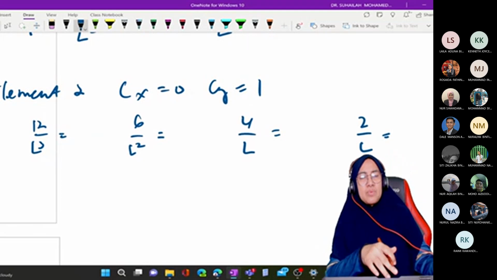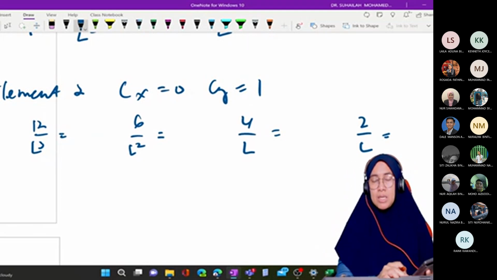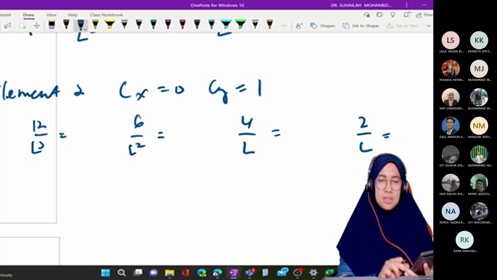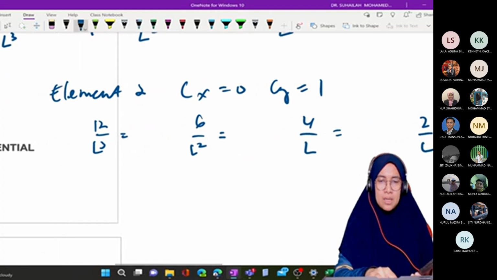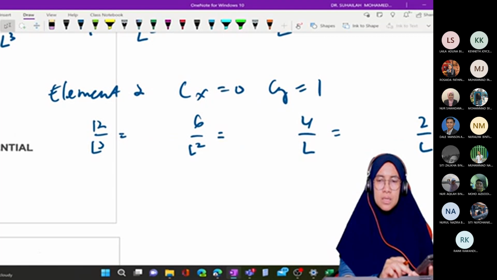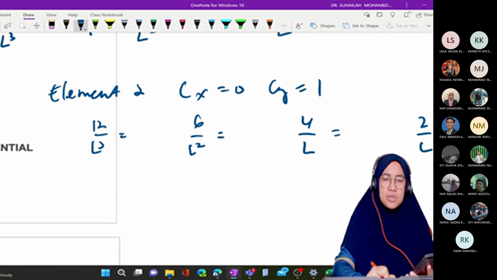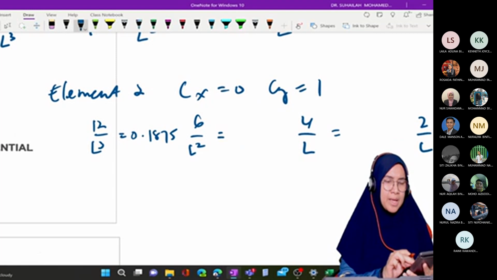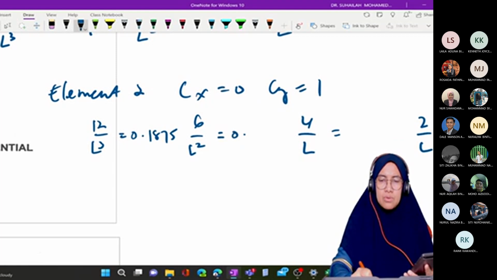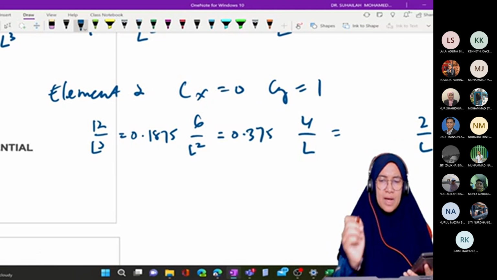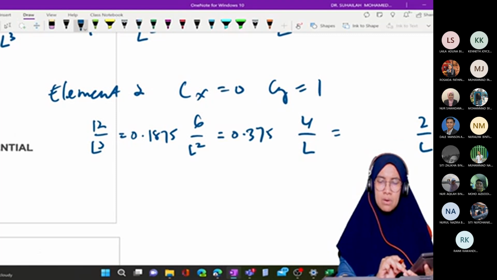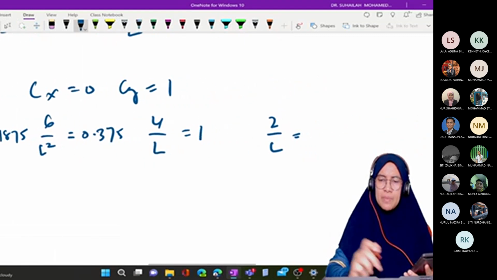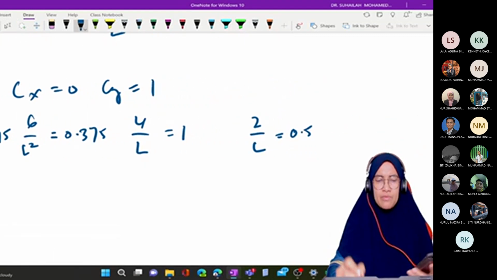Okay, this is because you need to calculate it manually. It is 12 divided by 4 cube, so this one is 0.1875. 6 divided by 4 square is 0.375. 4 divided by 4 is 1. 2 divided by 4 is 0.5.